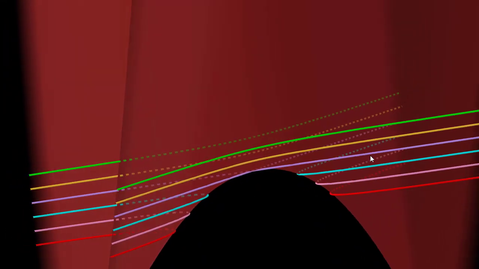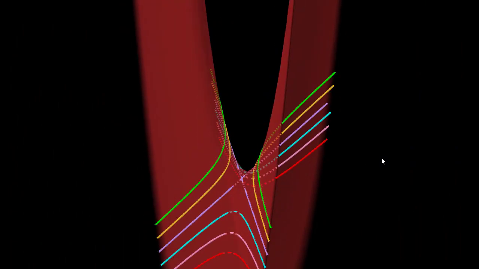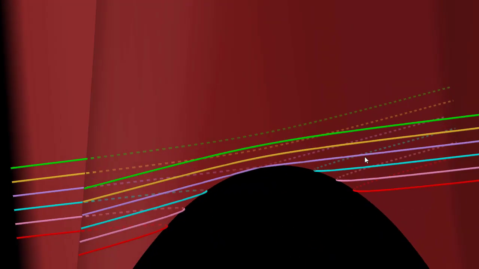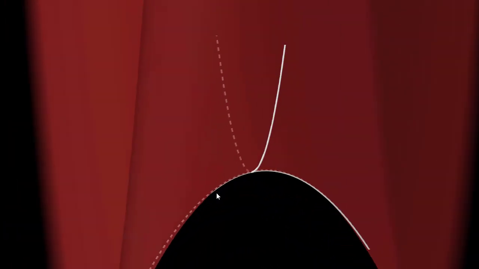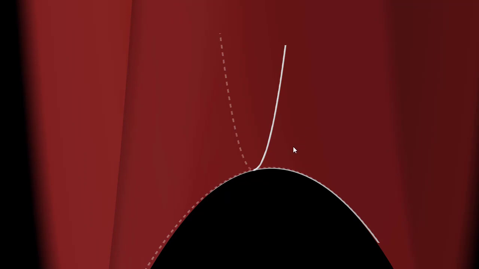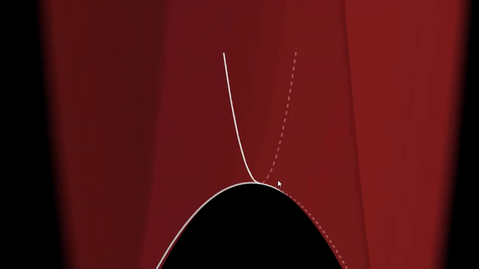In fact, these are the traces from the last video. All right, so if I clean this up a little bit, these are just the XZ trace and the YZ trace on our surface. Notice that here they meet, but one is a parabola that opens upwards, and the other is a parabola that opens downwards. If we then look at, oops, wrong one.